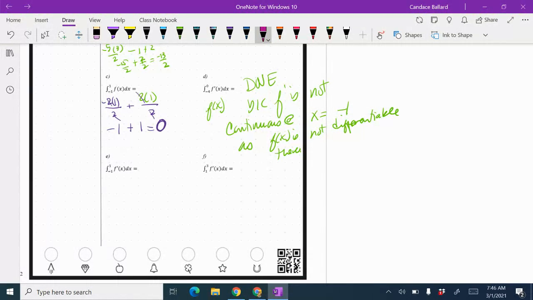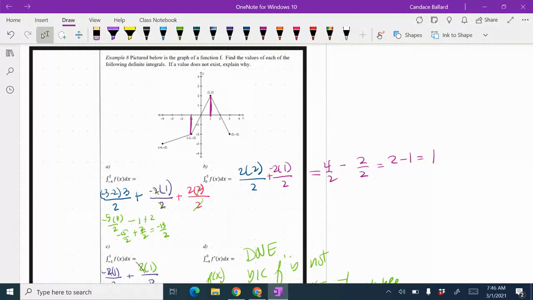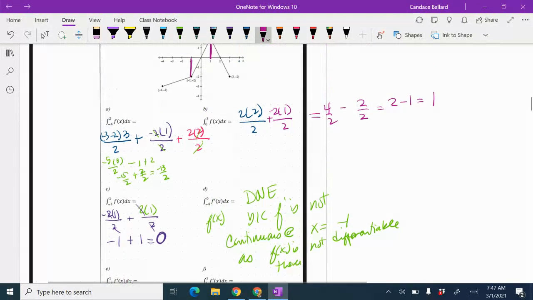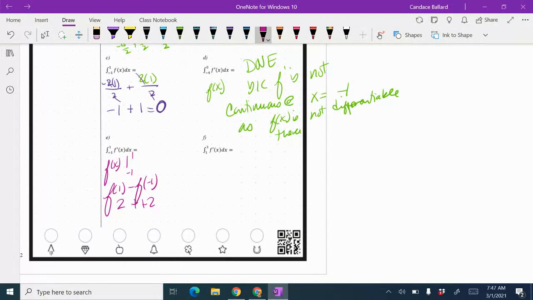So when we integrate f prime, we get back to f. We're going to evaluate that from -1 to 1. So we've got f of 1 minus f of -1. So we're going to read those values off the graph. f of 1 looks like it's 2. And then f of -1 is -2. So double negative is going to go positive, so that's 4.